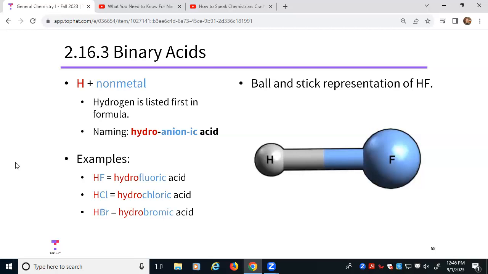All right, just a couple of minutes left here. Acids. Acids are very similar to what we've seen in these binary compounds. They look ionic because hydrogen's got a positive charge and the other thing would have a negative charge, but they're not ionic.